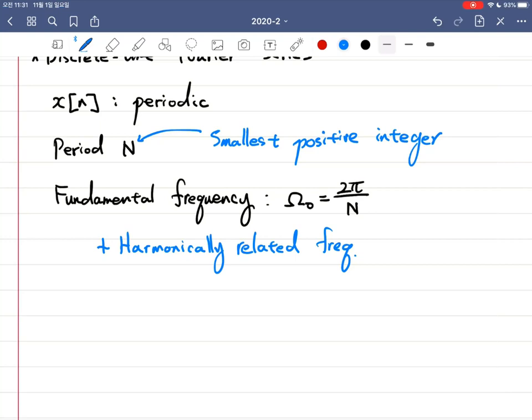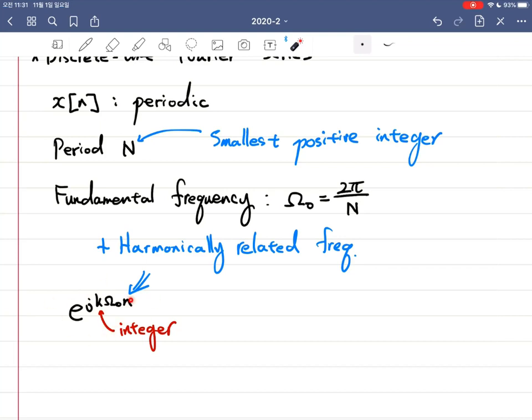So we can have the expression of this harmonically related frequency as e to the j k large omega 0 n. So by varying this k, of course this should be an integer, right? By varying this k, we can generate these harmonically related exponentials.